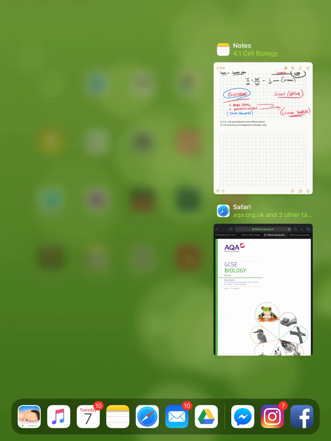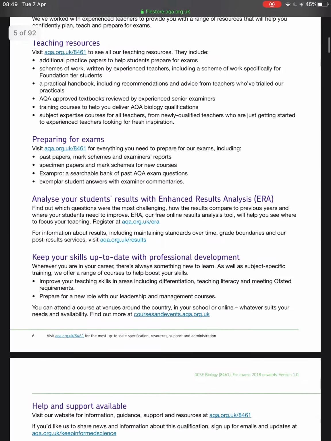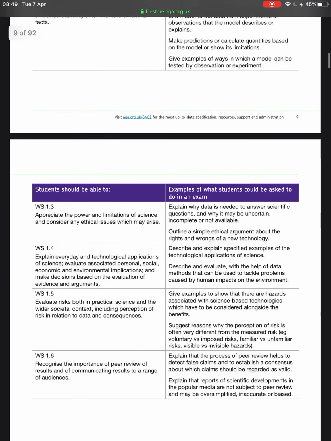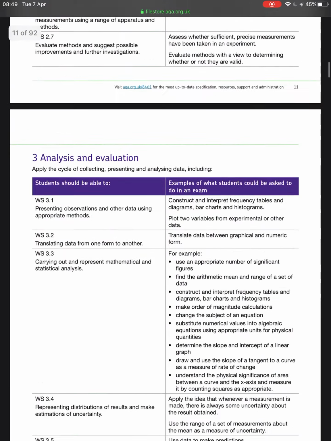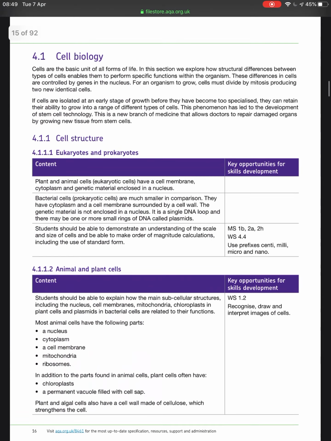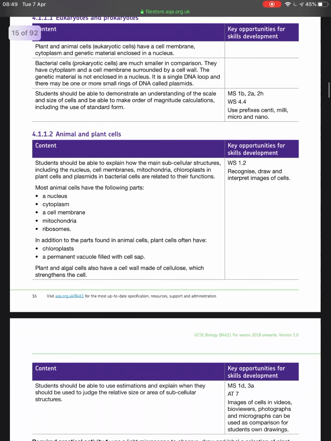So remember, I'm following the AQA specification here. So if you are at Edexcel or possibly OCR, very few schools up here do that. But if you are, you could correspond the broad strokes of what I'm giving you here, the knowledge, and apply it to the specification. But I'd be referring to this document.